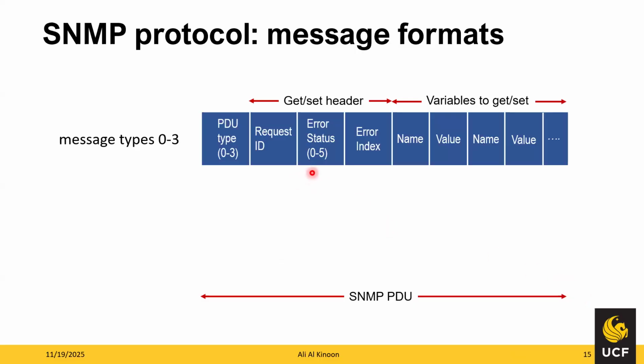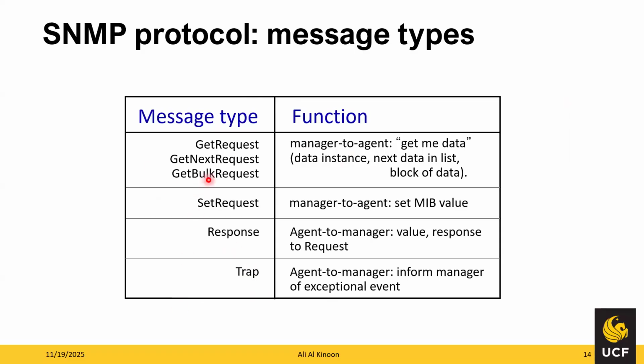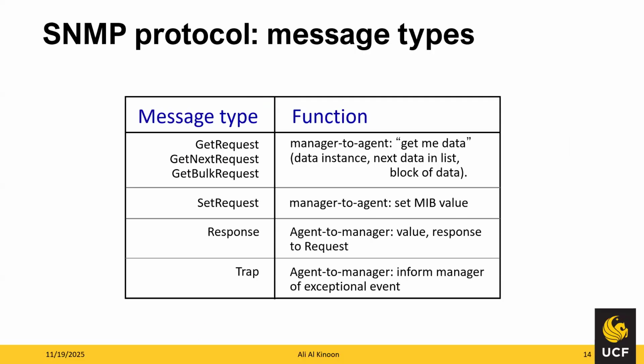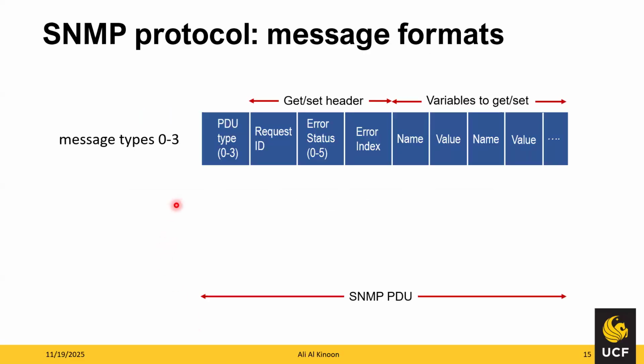For the format, this depends on the message types. The message types we are talking about are numbered 0 to 3. The top structure here represents messages 0 to 3, which include get request, get next request, get bulk request, and response.